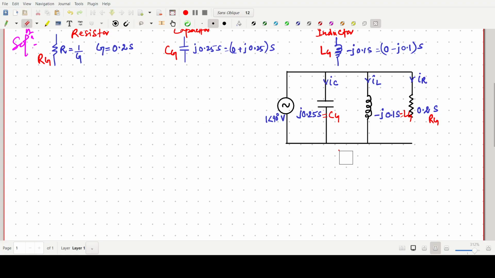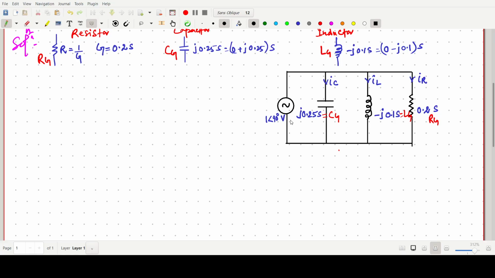We are getting some issue, so we will make this one. Okay, this one is the figure. So this one is Cg, and everything is now known to us.